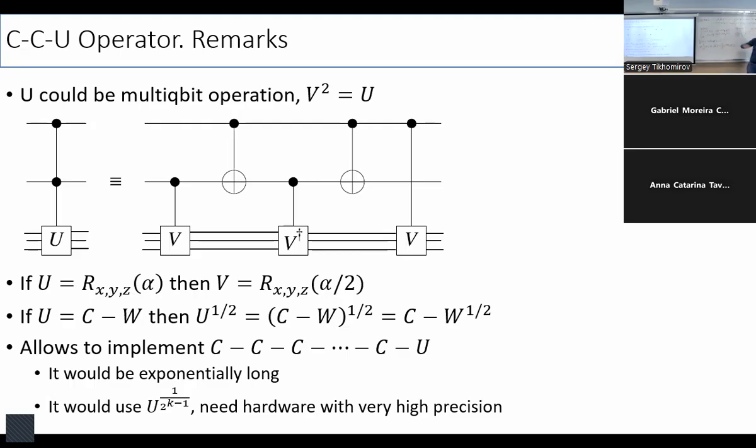So if you know what it does for 0 and 1, you know what it does for the half sum of 0 and 1.